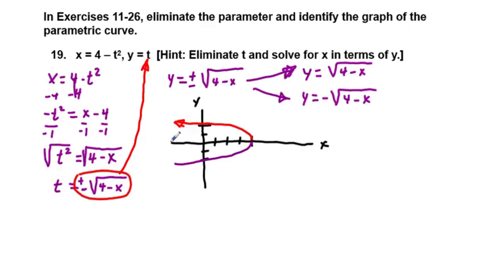And then as far as one other thing we try to do with parametric equations is draw in arrows in the direction of time. Well, I already drew an arrow up here for the red upper half. But if we substitute in, say, 0 for t, at time equals 0, y is equal to 0. At time equals 1, y equals 1.